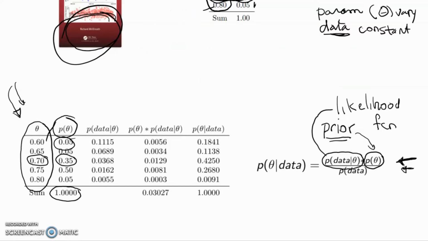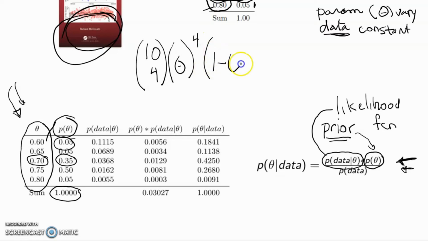So if we think about the likelihood function, well, the likelihood function is going to be based on the binomial. And so, again, the idea is the data are constant, the parameters vary. So what we're going to have is 10 choose 4, theta, and that's going to vary, raised to the power of 4, because I got 4 waters, times 1 minus theta, raised to the 6.